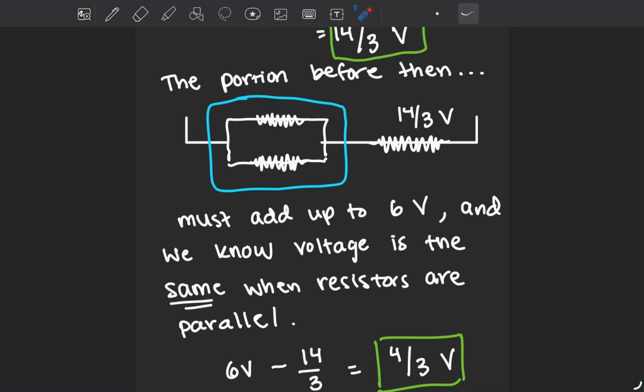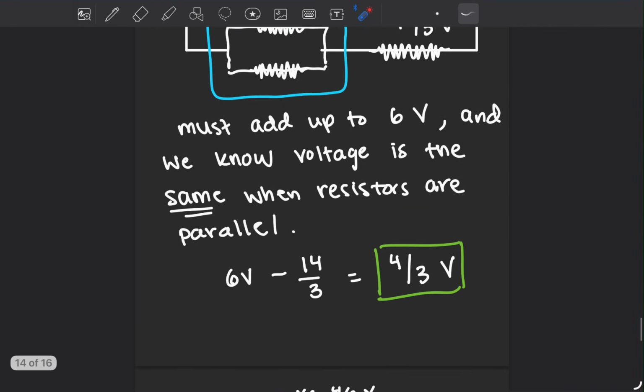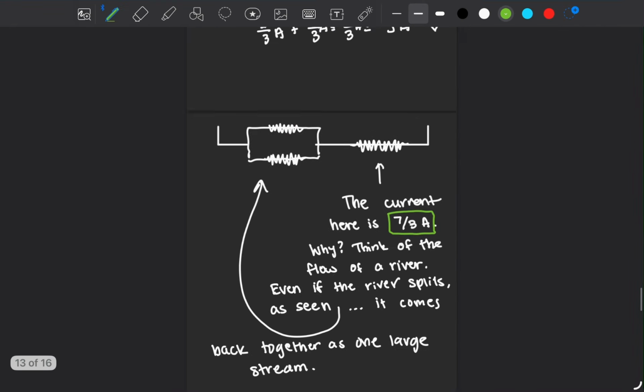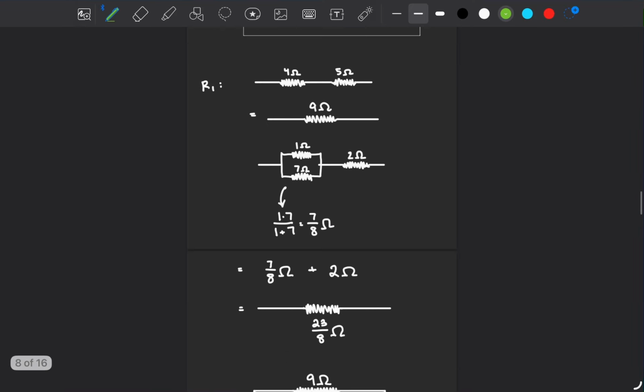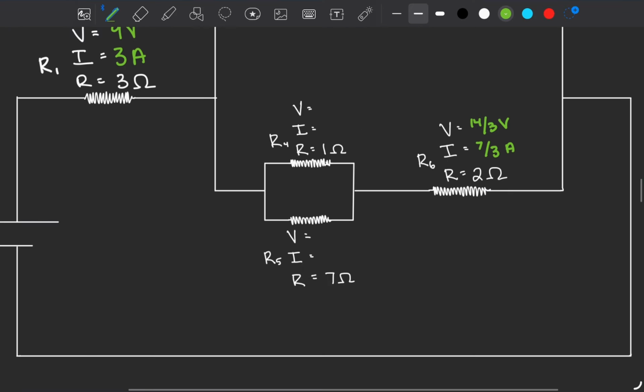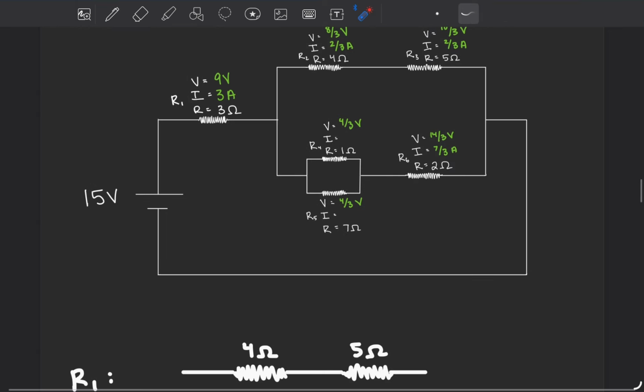And then again, when two resistors are parallel to each other, they have the same voltage. So both this top and bottom resistor have 4/3 volts. So we go back up. Boom.